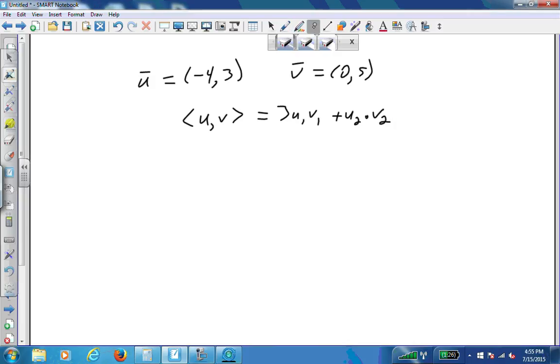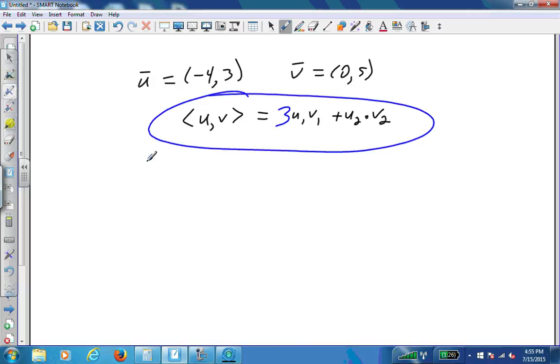Now notice this differs from the dot product. If you left that 3 off, you'd be multiplying the corresponding components, the u1 and the v1, u2 and v2 and just adding them together. This says let's have 3 times that first product and then just 1 times the second product. So this is where we define our inner product space.